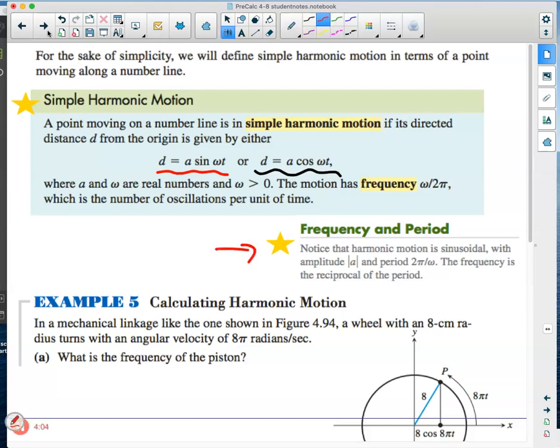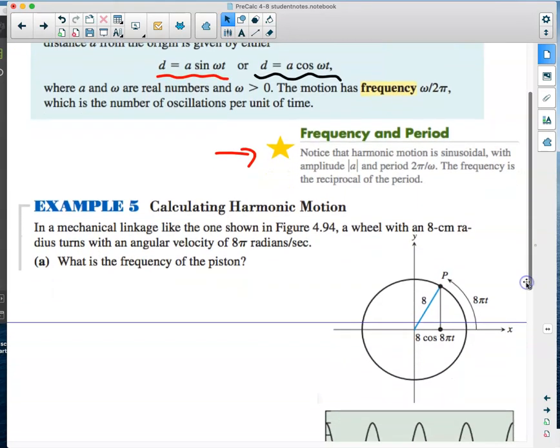Notice that harmonic motion is sinusoidal with an amplitude, the absolute value of a, and a period of 2 pi over omega. So just swapping out omega, the angular velocity, for our b value. And the frequency is obviously the reciprocal of 2 pi over omega, omega over 2 pi. So they're letting us know frequency is a big deal when you talk about this simple harmonic motion.